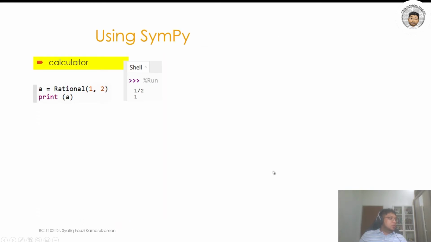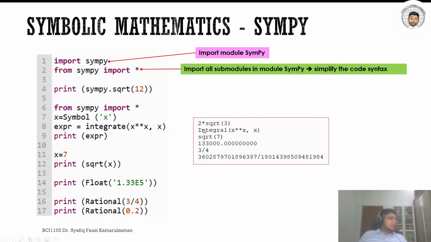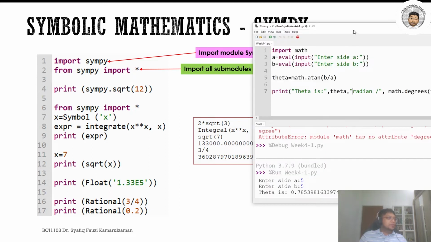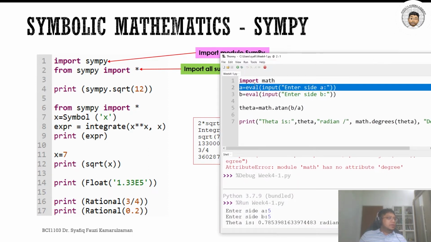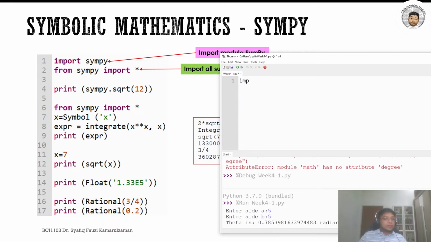So here, let's generate it in Thonny so you can get a clearer view. Here we have import SymPy. So from SymPy import, and you have print, for example SymPy.